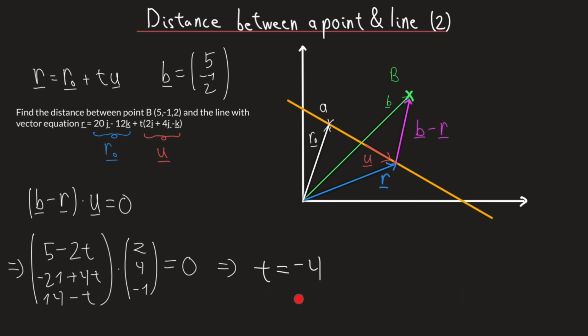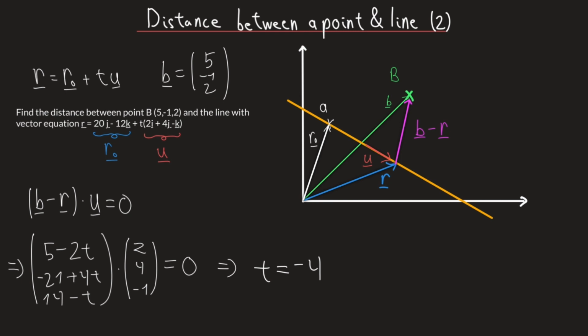But what does t equal to -4 physically mean? Well, we know in our vector equation over here that our general vector r is a function of our parameter t. And therefore, if t equals -4, we can determine an expression for r such that the difference vector b minus r is perpendicular to our direction vector u.